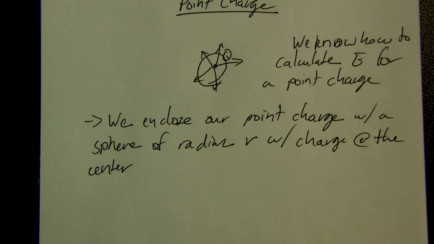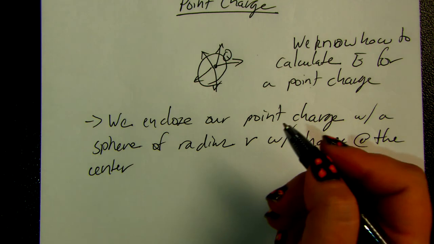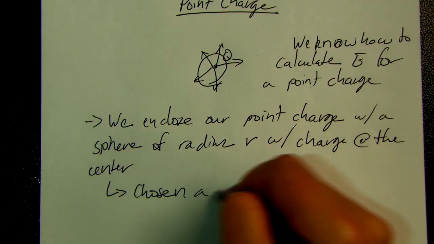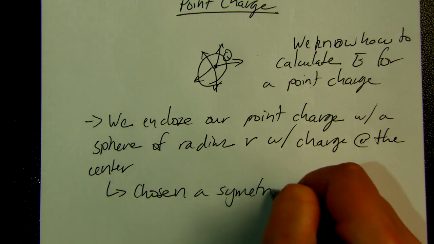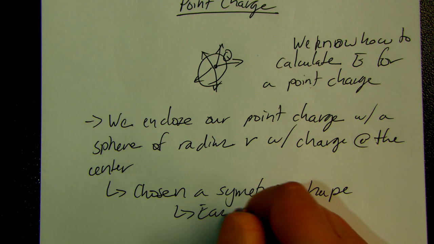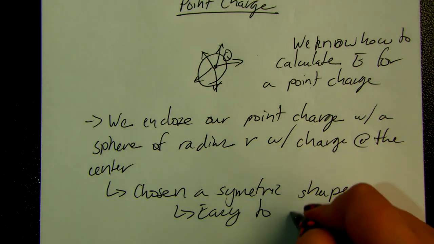And the reason we've chosen a sphere is spheres are really easy to calculate. So we've chosen a symmetric shape. Easy to calculate.